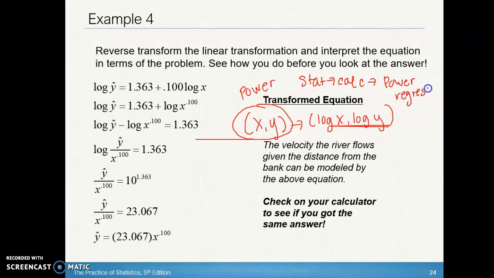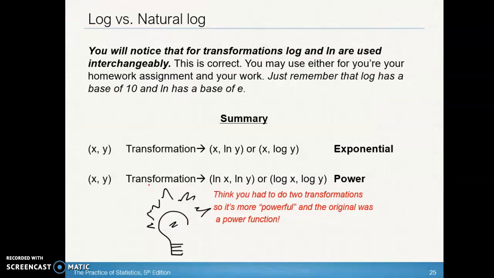But when you do that power regression, you're going to use list 1 and list 2, because we are doing the regression. We're getting the power equation from the original, and you should get something very similar to what you have here.